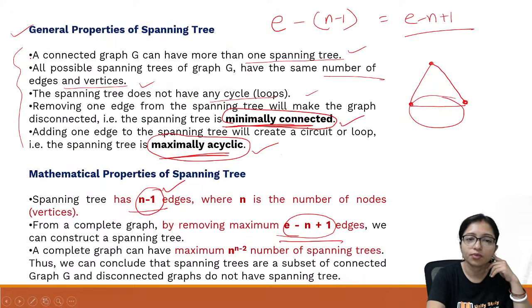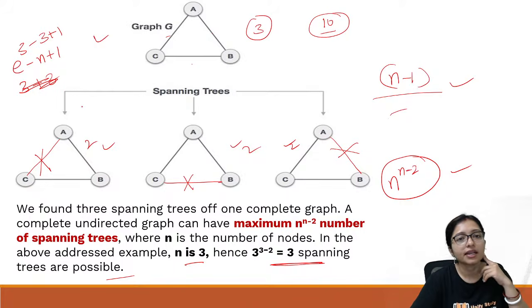E minus n plus 1. By removing this many edges, you can do this. So 3 minus 3 plus 1, 4? 3 plus 1 is 4.